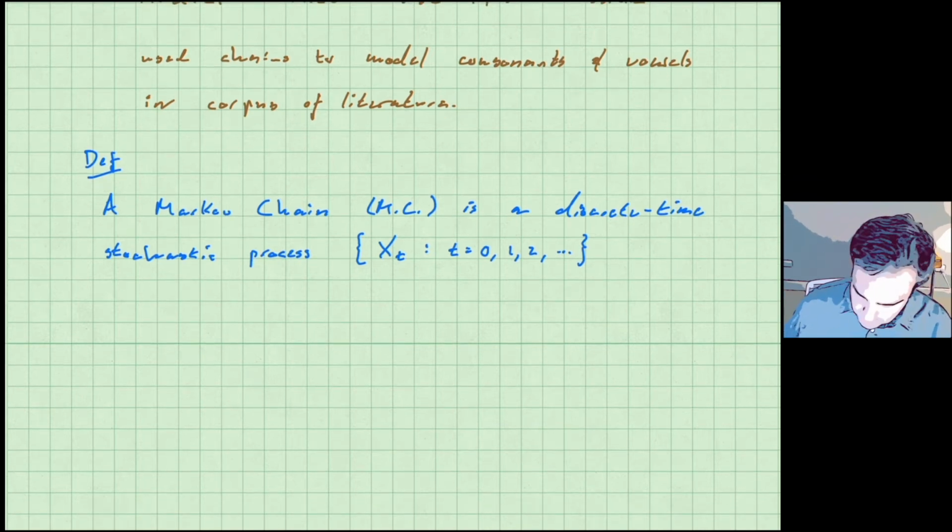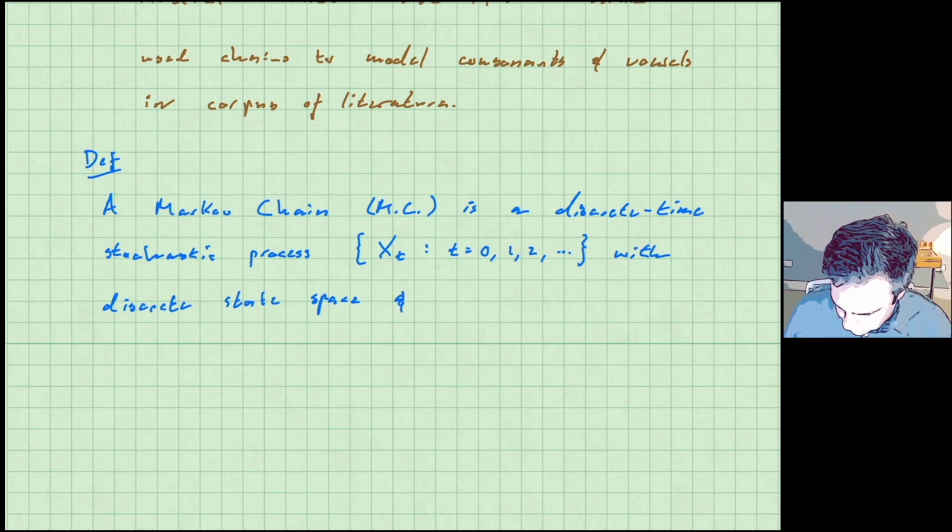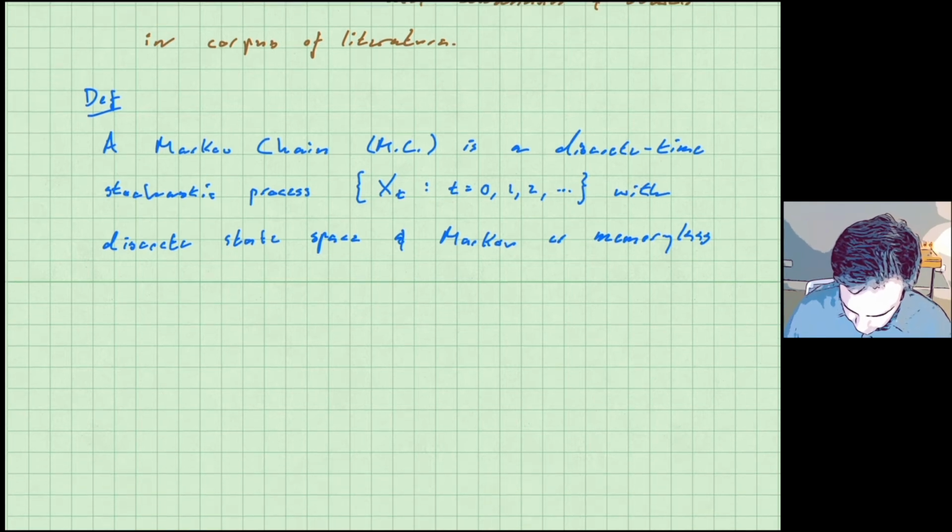And it has a discrete state space, and the following property that we call a Markov property or a memoryless property. Same property gets more than one name. Memoryless property.